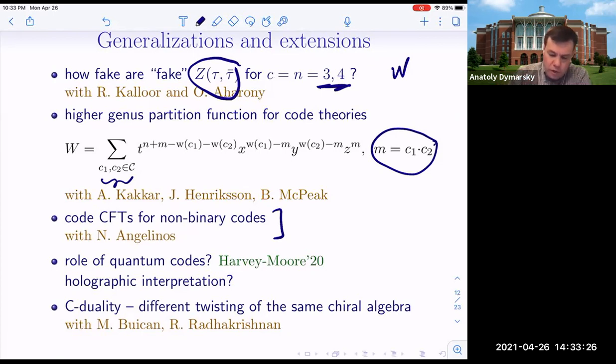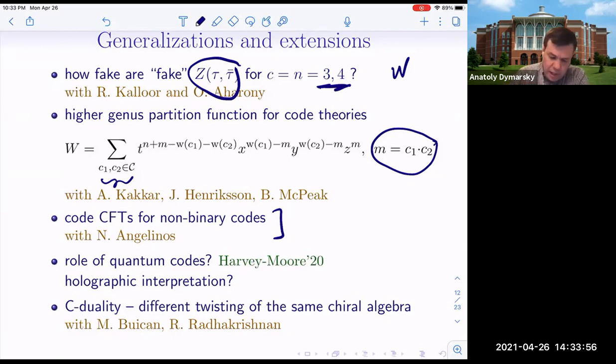I should mention there was a paper by Harvey and Moore about a year ago where they connected quantum codes to vertex operator algebras. It's a complementary proposal. We looked into this proposal; in our case, it doesn't work. Also, it might be that there is a generalization which would be in between their proposal and ours. This is something I don't understand.